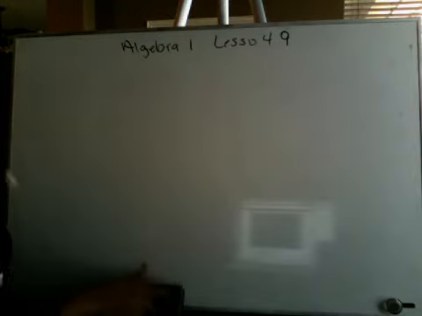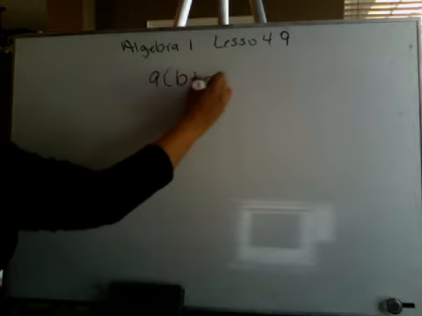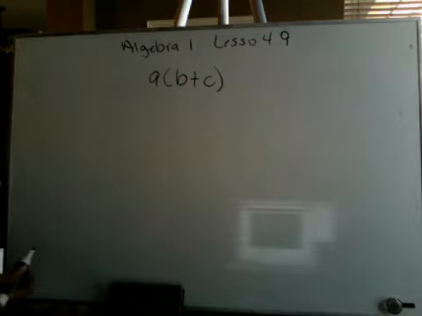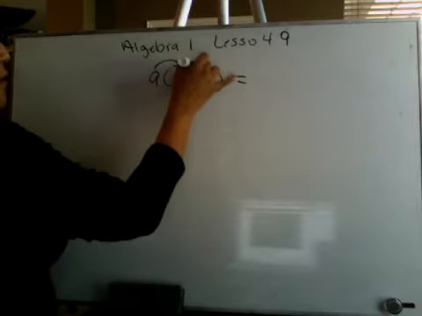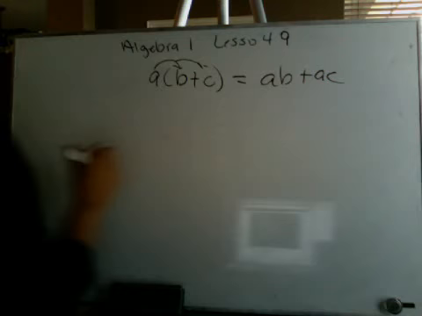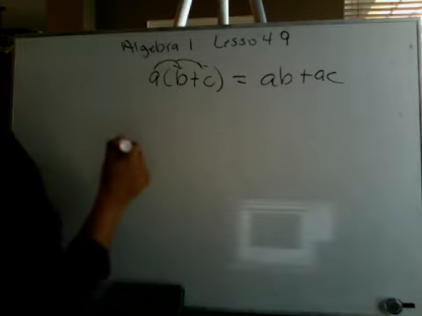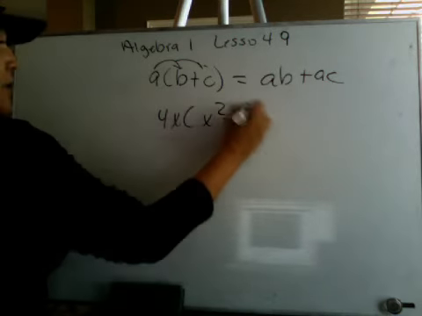And we've already kind of done this. We did A times (B plus C), and we used the distributive property. We took this term times every term inside. So we said it's AB plus AC. Now let's look at 4x times (x squared minus 2).